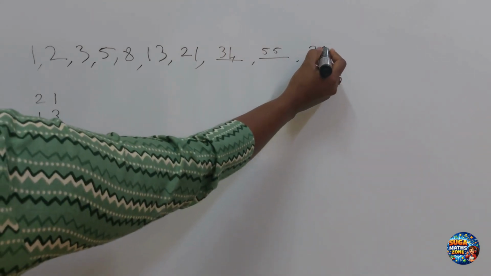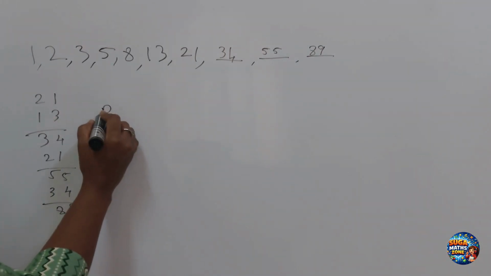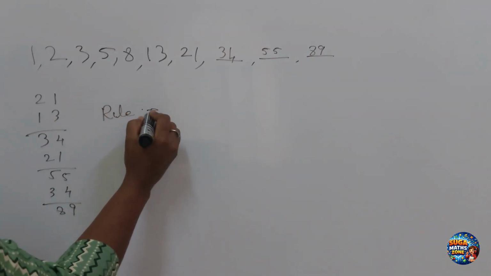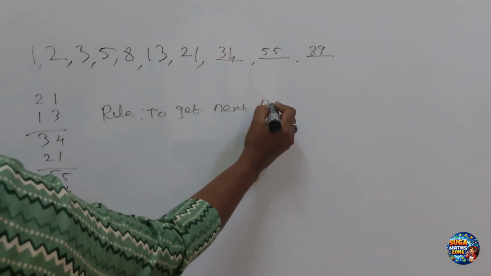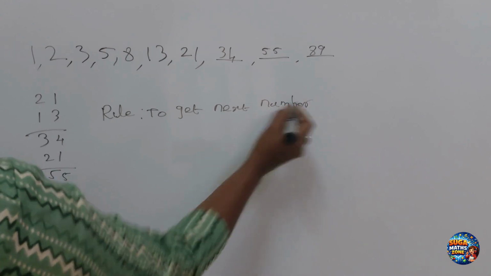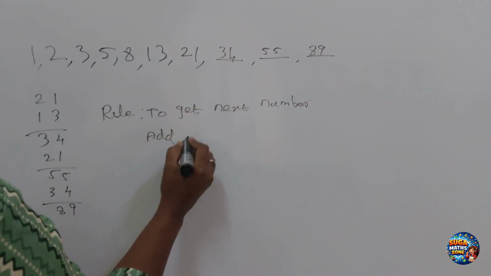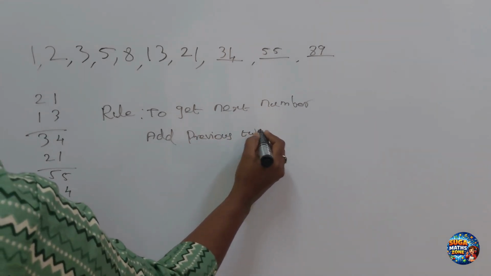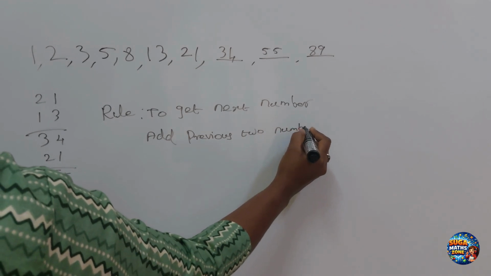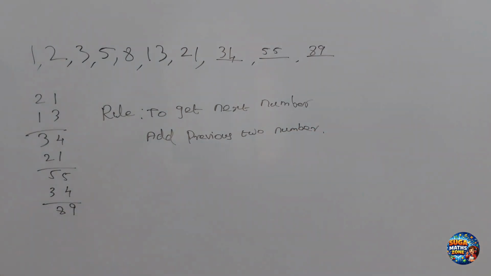So the last number is 89. Here the rule is, to get the next number, add the previous 2 numbers, or you can write it as the 2 previous terms.